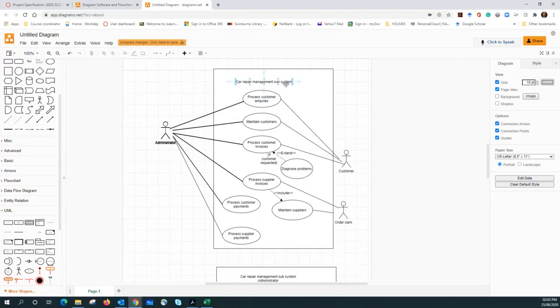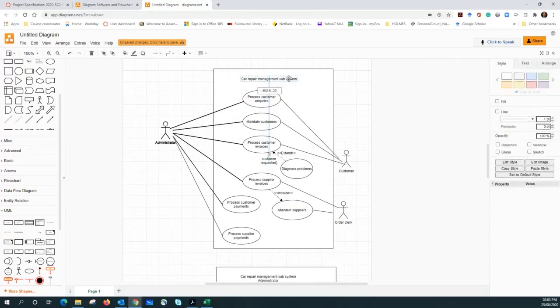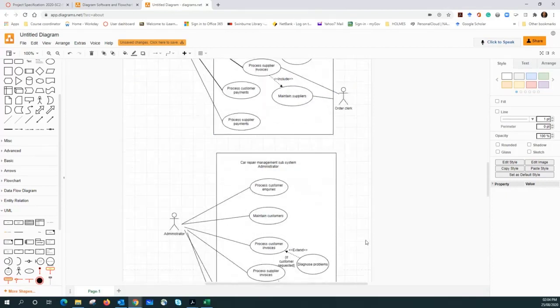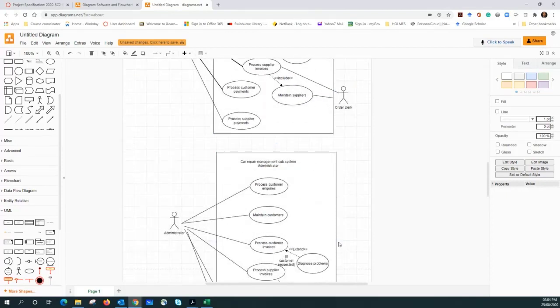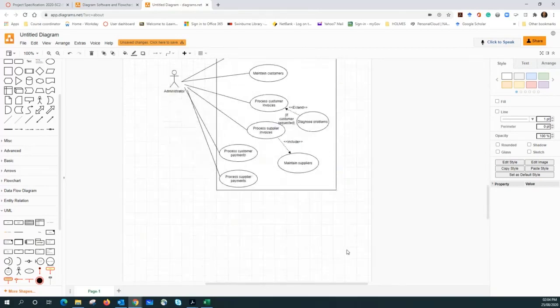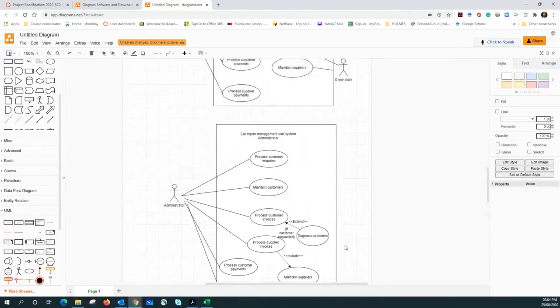The most important thing is you need to name it. Please make sure you name correctly, identify the use cases correctly, put extend and include relationships, and then these three diagrams. That's all you need to do for this week's submission, right?